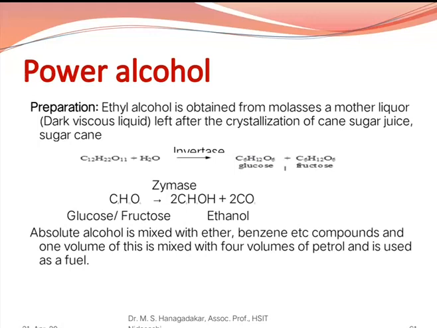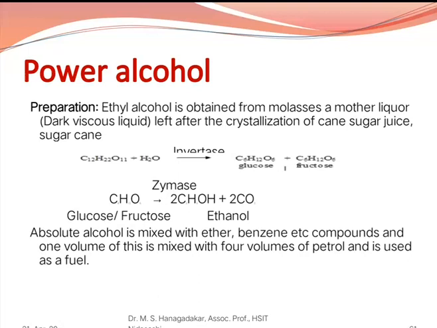Whatever ethanol is obtained is called rectified spirit, which contains around 5 to 10 percent of water. But in order to prepare power petrol, we need to use absolute alcohol, that is 99.9 percent pure alcohol, and that is added to the petrol.